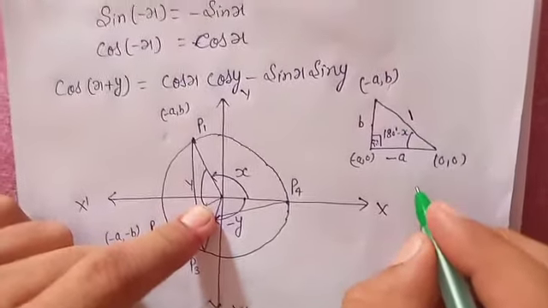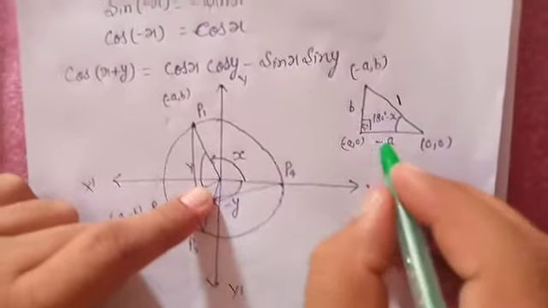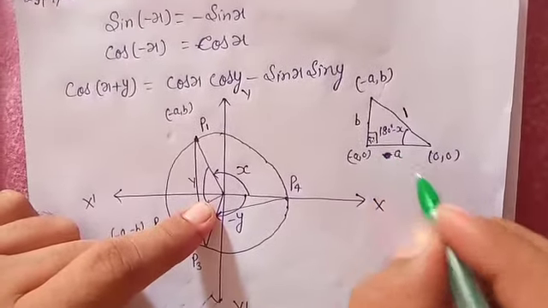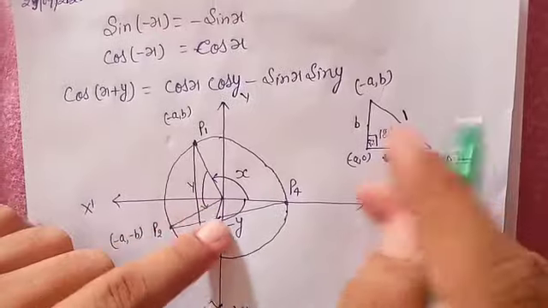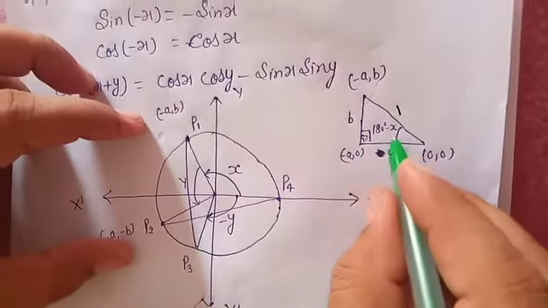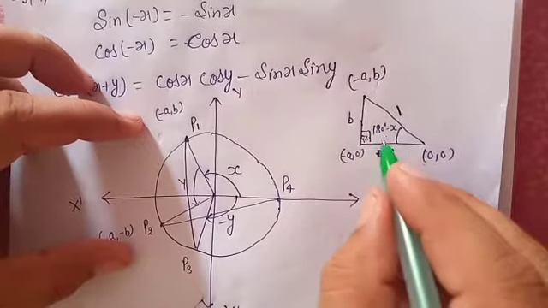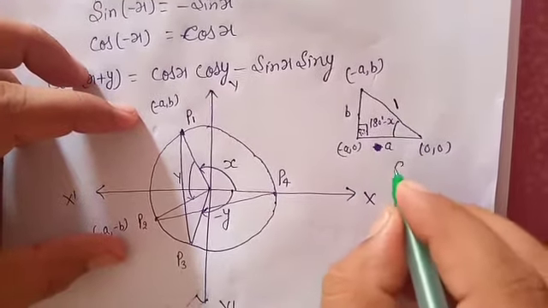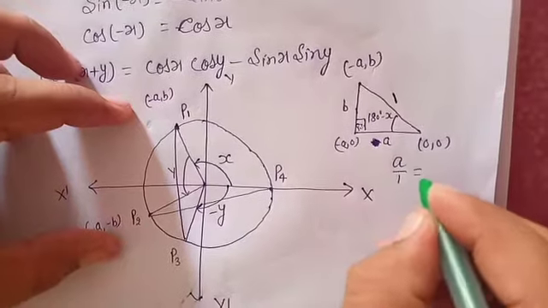So what you can say, this is a, its direction showing only minus. So the angle is this, opposite is this perpendicular, this is base. So a by 1 is equal to what?